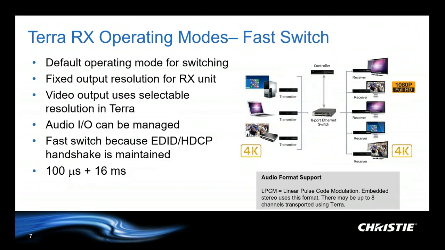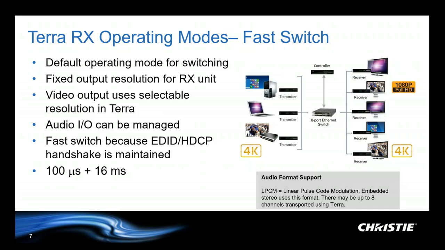The fast switch mode is the usual mode that's used for video switching, for matrix switching using SDVoE. It's the default operating mode for this. Again, the receiver is given a fixed output resolution depending on what your display is, whether it's HD or 4K or whatever.